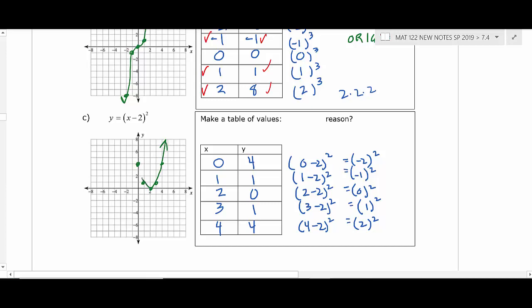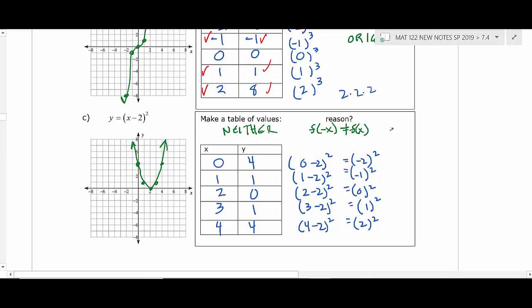Okay, so what you're doing is you're looking at, does it have any symmetry? It's definitely not symmetric about y. It's not symmetric about the origin. So it doesn't have any of the features we would expect for it to be odd or even. So it's really neither. So basically, the technical way to explain this is f of negative x is not equal to f of x.